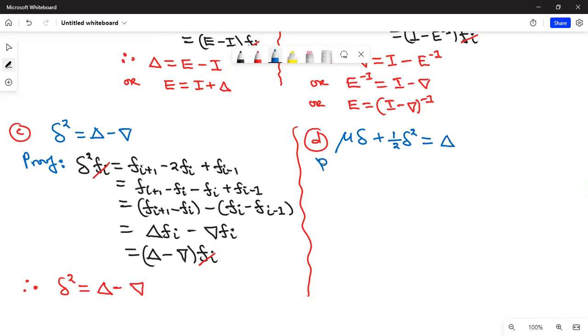Let us prove this. You know how we defined the operator mu and the operator delta and the operator, of course, the forward difference operator.